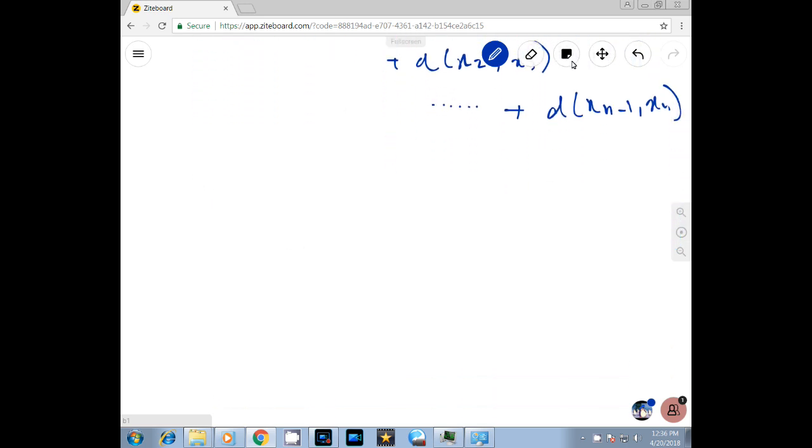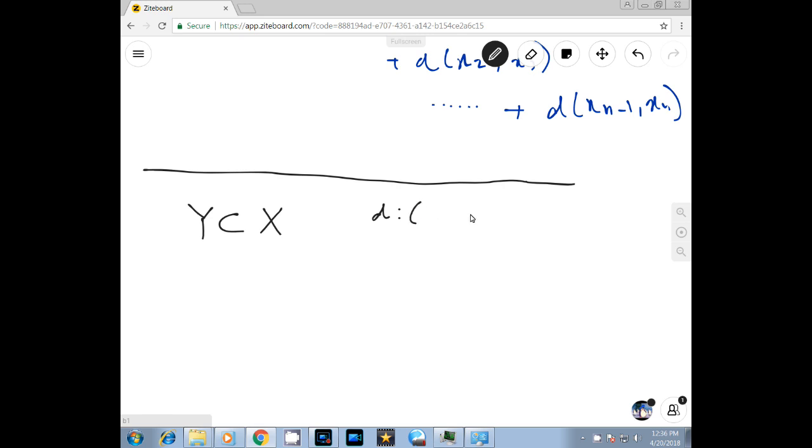Now we will go to the more general concept. Consider a subspace of X. Let Y be a subspace of X. It means that Y is a proper subset of X. Now you have a metric d which is defined on X on its ordered pairs, and it gives its values in the real line.